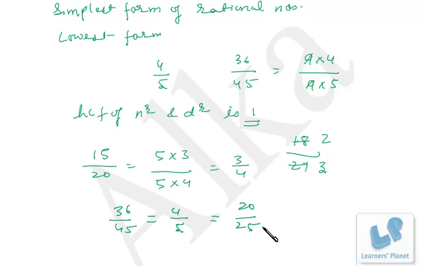So 5 4s are 20, 5 5s are 25, right? That means 36 by 45 is equal to 4 by 5, and 20 by 25 is also equal to 4 by 5. That means 36 by 45 is equal to 20 by 25, right? Precisely all of them are 4 by 5. So these three rational numbers are equal, right?